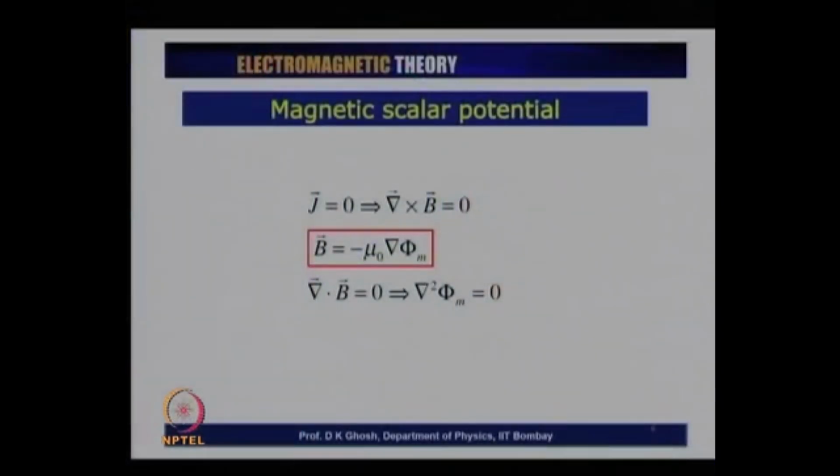However, excepting where I have sources: supposing I have a current distribution, but I am looking for the magnetic field in space other than where there is a current distribution. Then at the point of observation, my current density J is equal to 0. Now, if the current density J is 0, at such points I must have del cross B equal to 0.